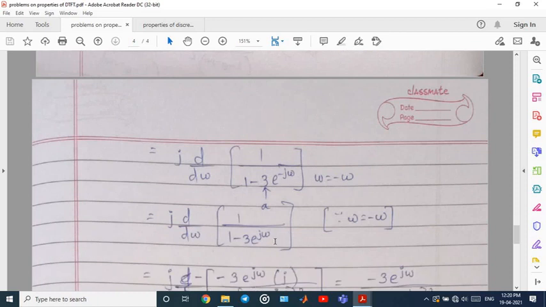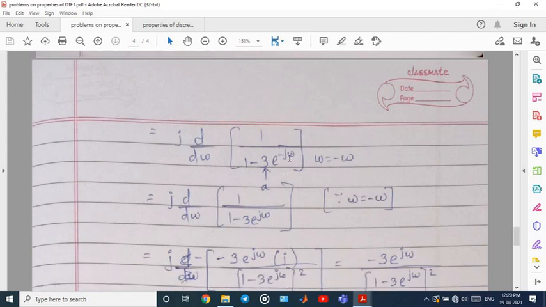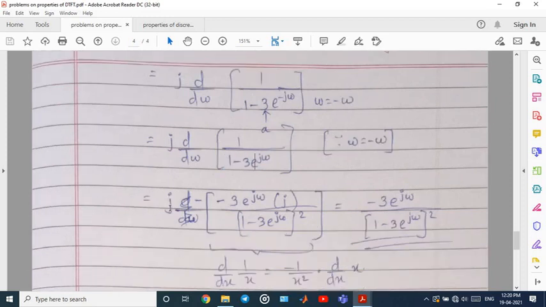So now after putting omega equals minus omega, this minus omega will become plus omega. So 1 upon 1 minus 3 e to the power j omega. Now j as it is, and we have to take the derivative of this term.